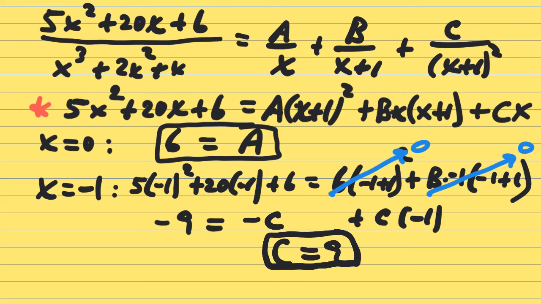And finally, we just make up a number, and let's see, I'm going to just choose +1 to substitute through. Substitute 1 throughout the equation, again marked with the red asterisk. That's the one we keep going back to. 5 times 1 squared is 5, plus 20 times 1, all that is, let's see, 5 plus 20 plus 6, 31.